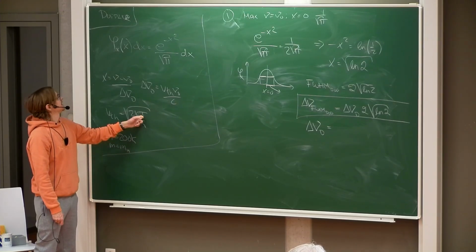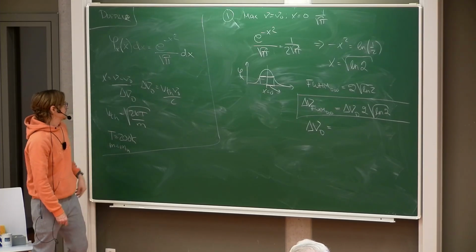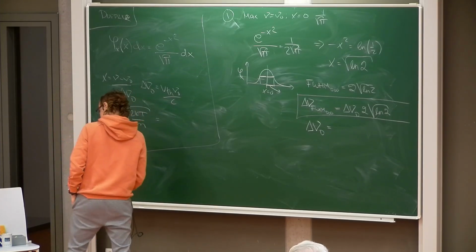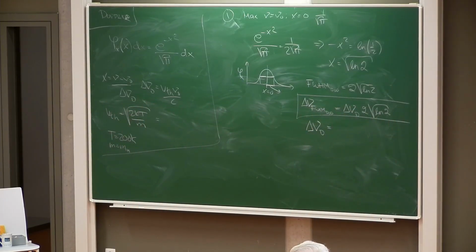We have our cloud that is 200 Kelvin. From that we will get a V thermal. You have your calculator. I can do it here.